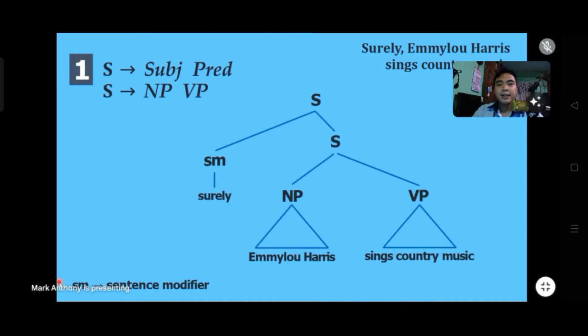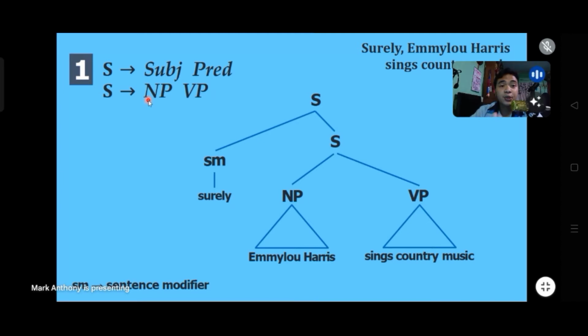So, the first rule that we have is one of the most basic structure rules in phrase structure, and that is the sentence, which is divided into subject and predicate.